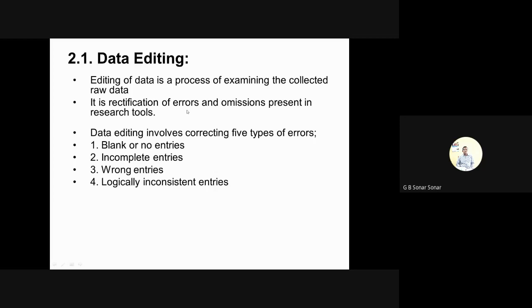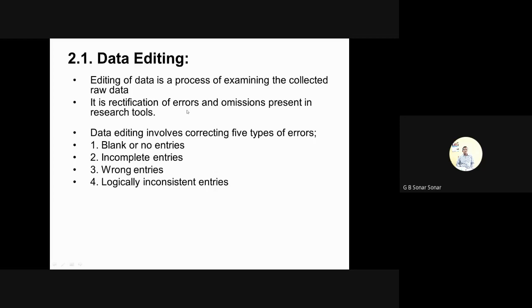If the answer to question number 10, are you married, is no, then the answer to question 11, if yes, how many children, is not applicable. And for question number 12, are you practicing family planning, if the answer is written as yes, then it will be a logically inconsistent answer and inconsistent data.